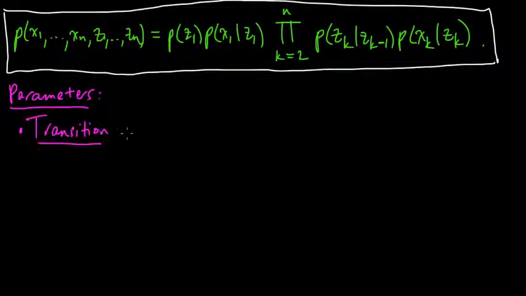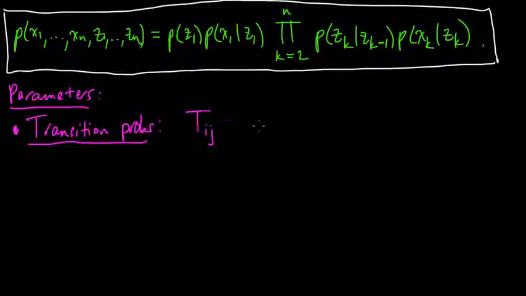So the first set of parameters are what are called the transition probabilities. Sometimes we write them as Tij. This is not completely standard, and sometimes people flip the i and the j here.